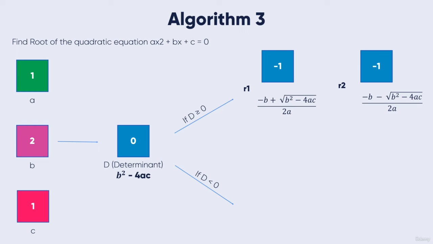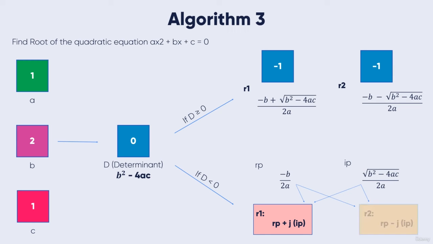If d is greater than 0, then we have two distinct roots. Now, if d is less than 0, there is a real part, which is calculated by minus b over 2a, and an imaginary part, the radical of b squared minus 4ac, over 2a. So we now need to calculate the roots: r1 is the real part plus j times the imaginary part, and r2 is the real part minus j times the imaginary part.